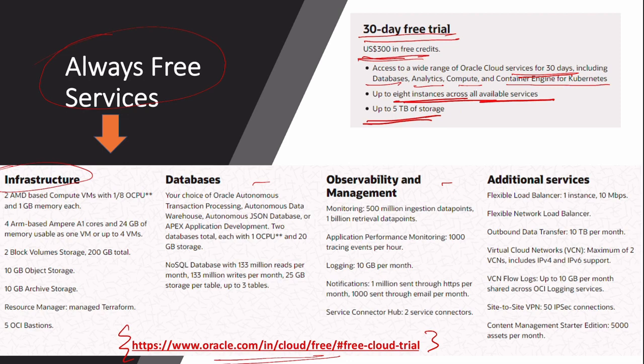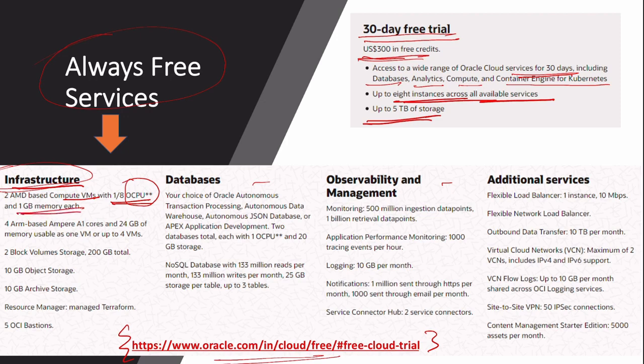In terms of infrastructure, you have two AMD-based compute VMs with 1/8 OCPU. That is the shape size. In other clouds it is known as CPU or vCPU. Here it is OCPU, that is Oracle CPU, and 1 GB of memory each.